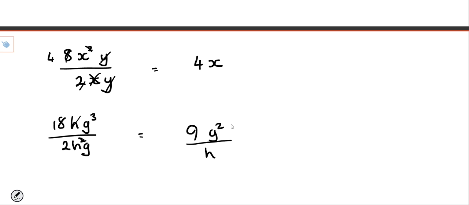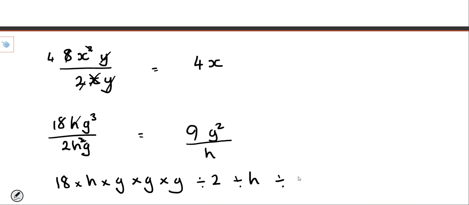Sort of? Because this divides by h twice, h times h, and only one of them gets rid of the h's, so only one of them is used. So we've still got a divide by h. Does that make sense? This is 18 times h times g times g times g, then divide by 2, divide by h, divide by a second h, and then divide by a g.